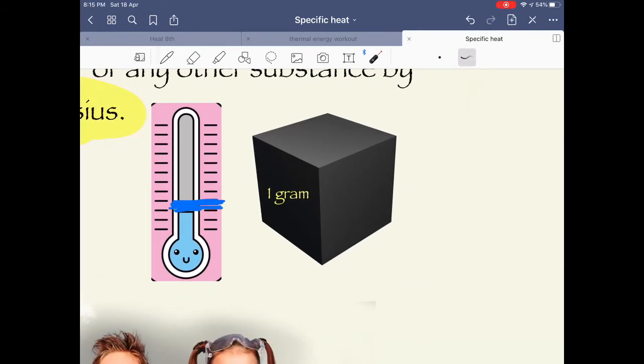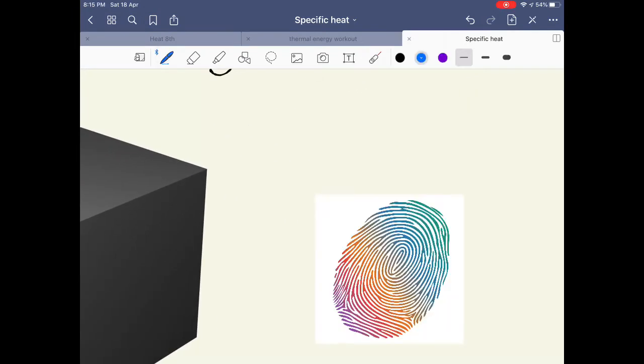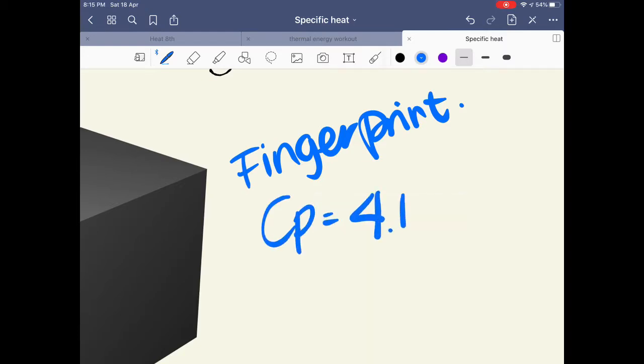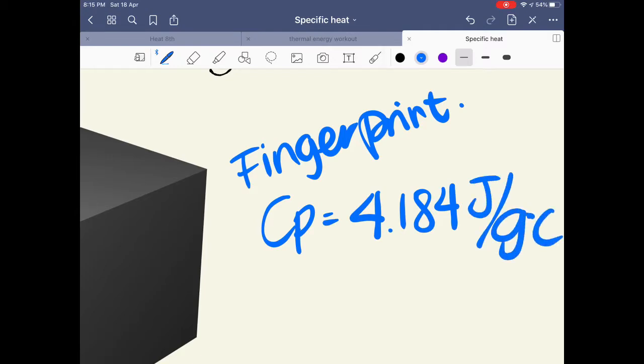Imagine it's like a fingerprint. And as each substance has its own fingerprint or specific heat, water has its own specific heat. The specific heat of water will be 4.184 joules over gram per degree Celsius.